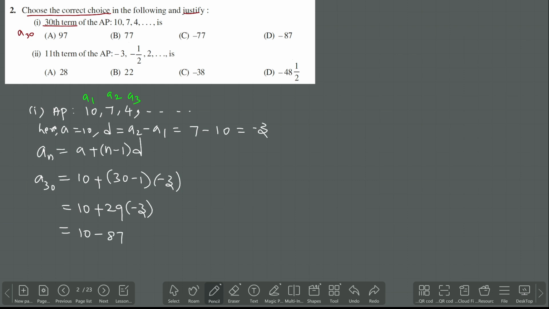When we subtract, minus 77. Check the book back answer, children. Is it correct? Which option is it? Good, C. One is over. Then we are going for the second.